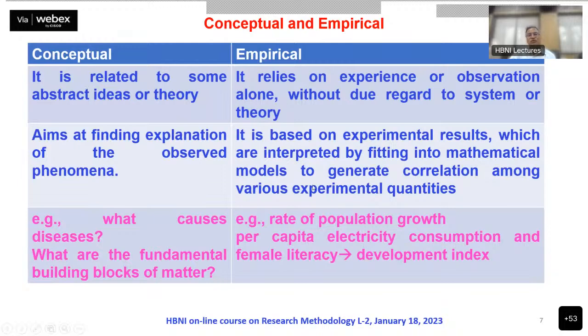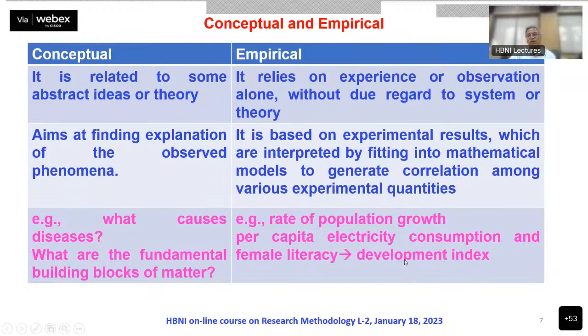Whereas the empirical research will be, now you make a model of how the population is growing in different countries. What is the rate at which the fertility rate is coming down, and see how the population is changing in different countries. Another very interesting work is the per capita electricity consumption and the female literacy, which can be called the developmental index of a country.